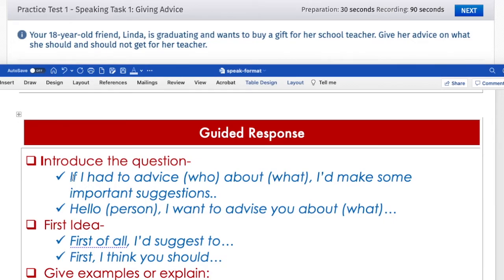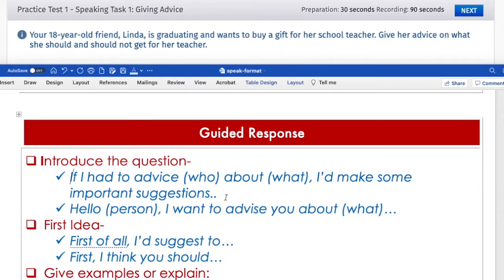The first way is, "If I had to advise my friend Linda about what she could or couldn't get for her teacher as a present, I'd make some important suggestions." So that's the first way.